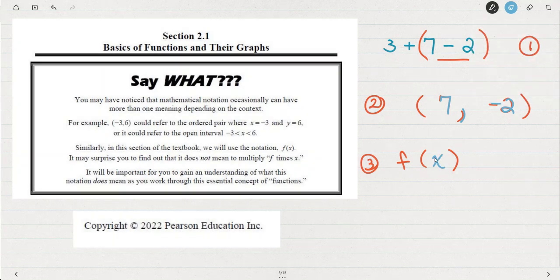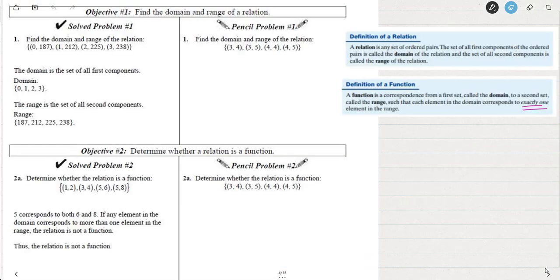It doesn't mean f times, like we saw in the first example. It doesn't mean f times x, and it's not a notation of an ordered pair. It's simply f of x. It's function notation. It's important that you understand what this notation means and that it has to do with a function, not order of operations, and not multiplication, and not an ordered pair.